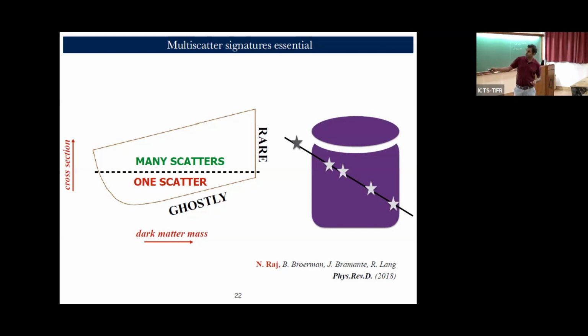So eventually you'll hit a cross section at the highest masses where the detector becomes optically thick to the dark matter particle that is passing through. In other words, I will eventually get to a cross section where I expect a dark matter particle to scatter multiple times as it passes through, as opposed to just once.